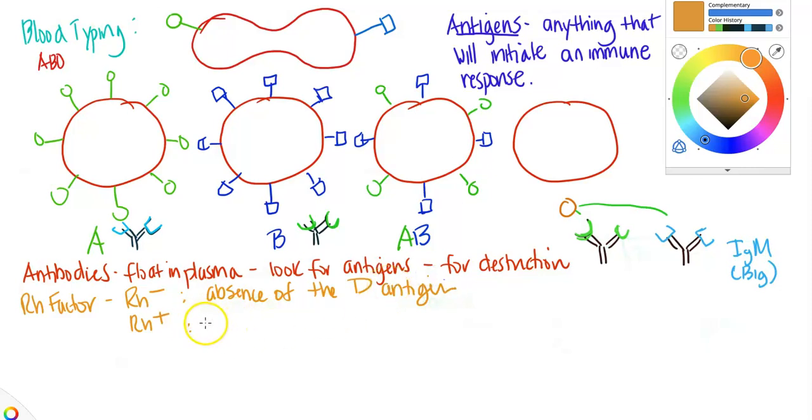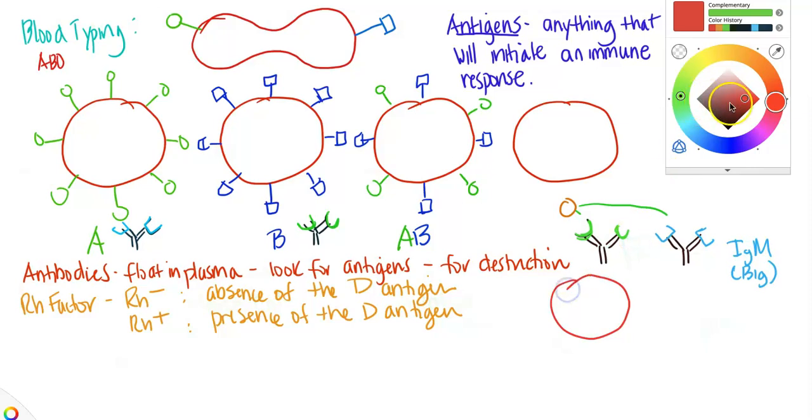Rh positive means you have it, the presence of the D antigen. So if you have it, then you are Rh positive. If you don't have it, then you're Rh negative.